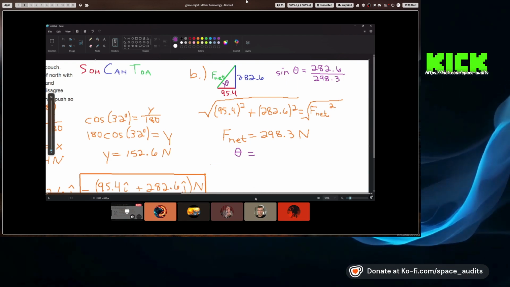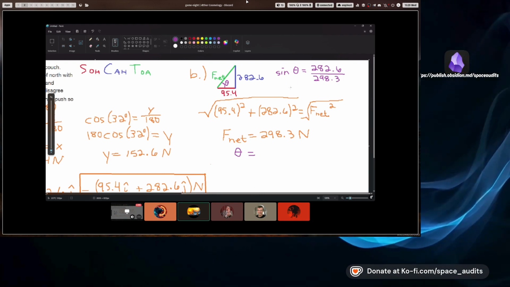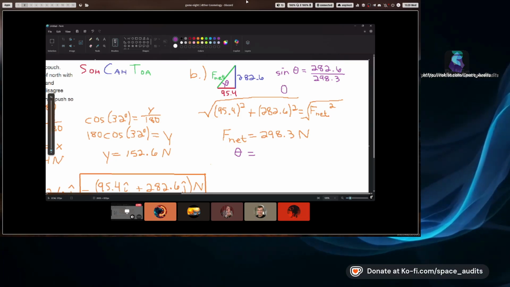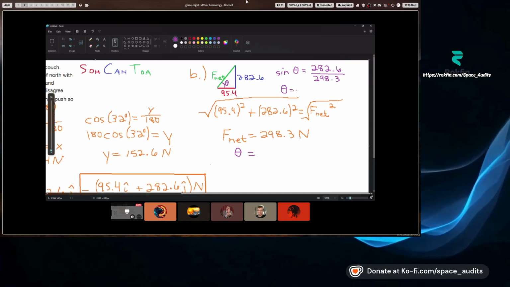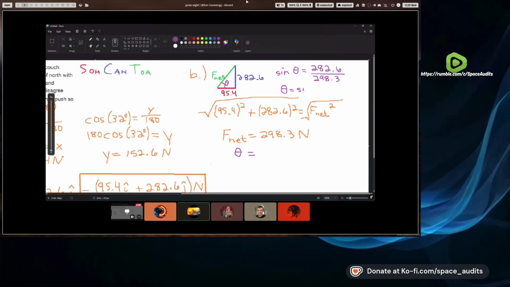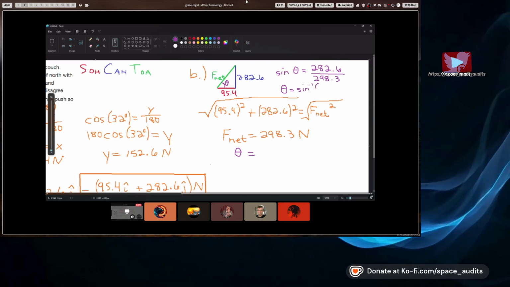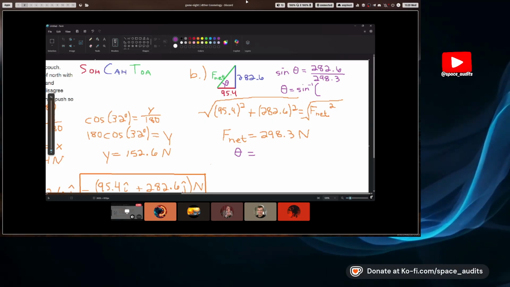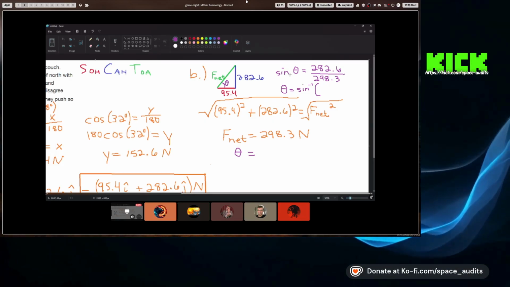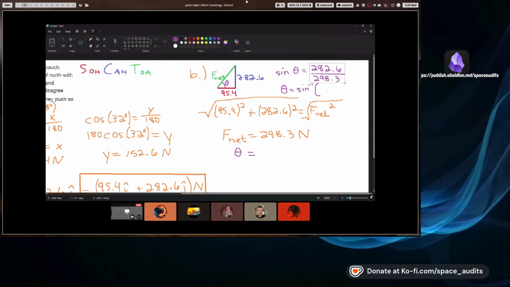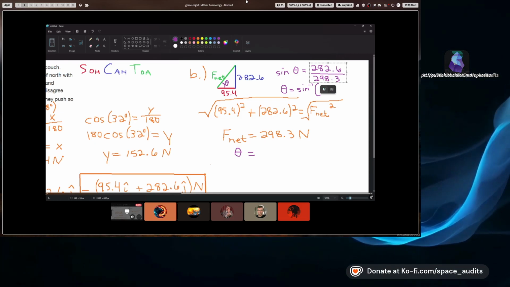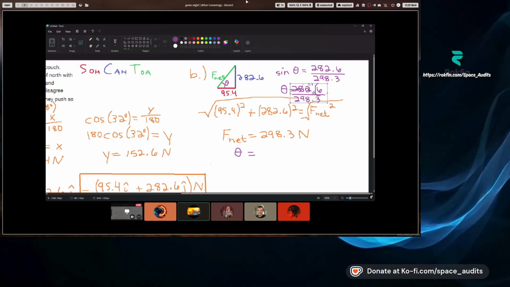So then theta equals the arc sine of this.